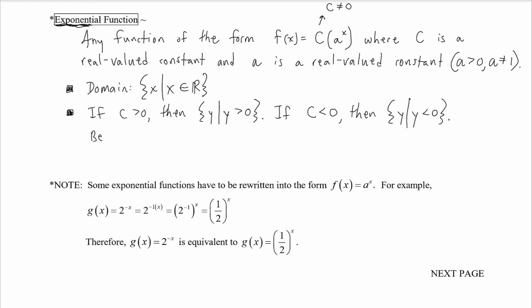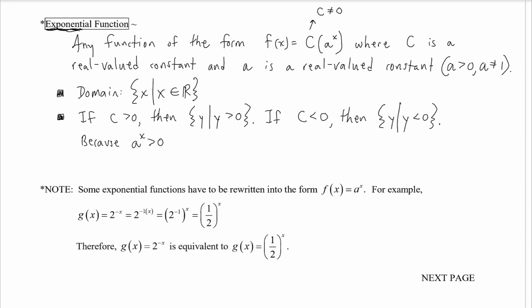This is because a to the x is always positive. If I take a positive number to any power, it always comes back positive. So c kind of controls our range.